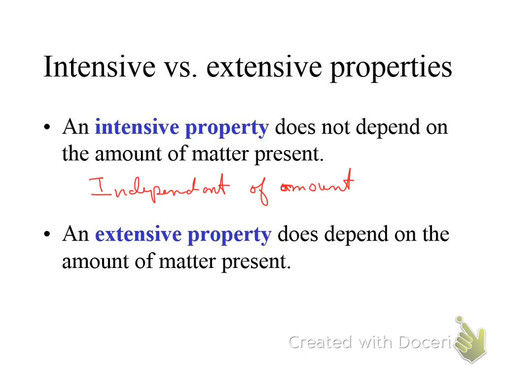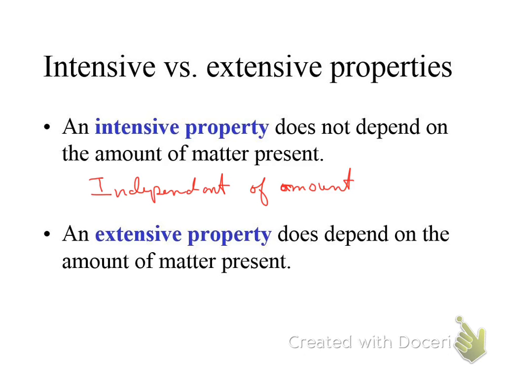An example is color. We could pick a chair, or 50 chairs, and the property of color is the same. So color is an intensive property, independent of amount. Now, picking the chairs, 1 chair versus 50 chairs.